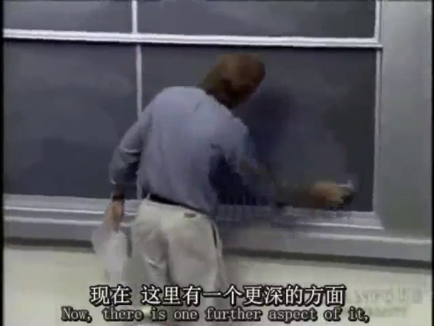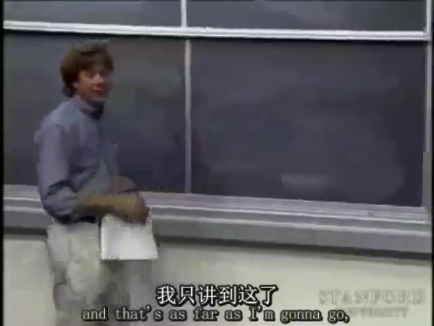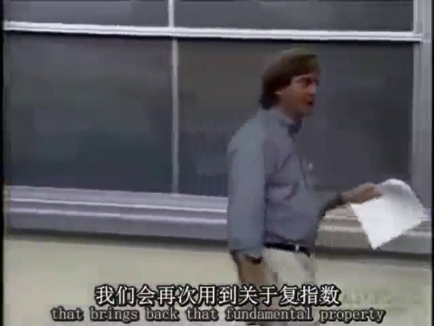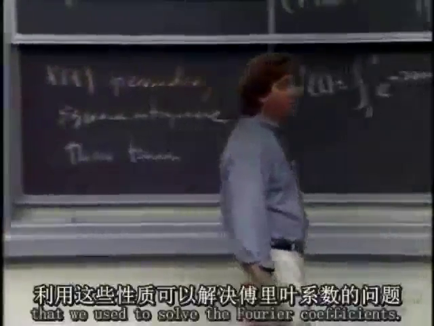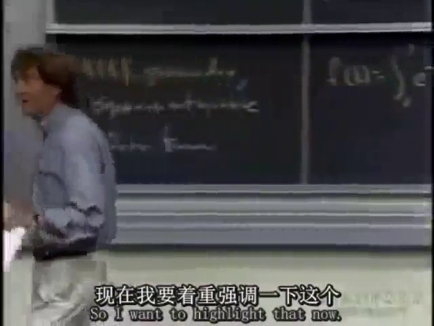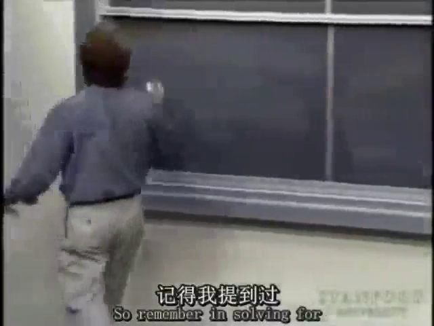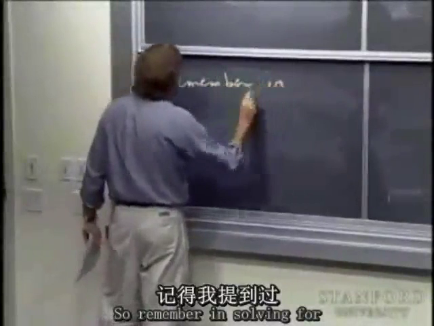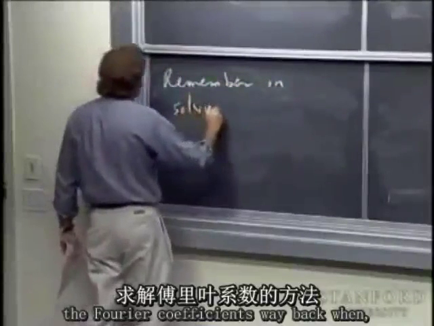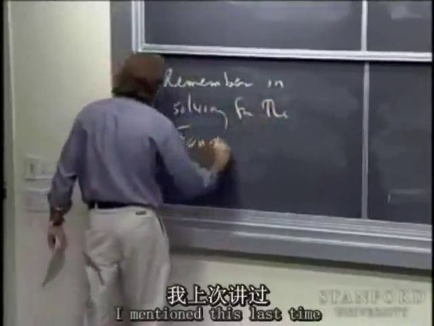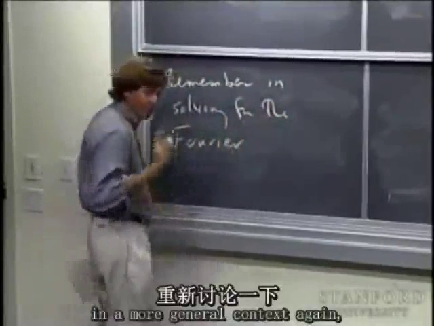Now, there is one further aspect of it, and that's as far as I'm going to go, that brings back that fundamental property of the complex exponentials that we used when we originally solved for the Fourier coefficients. So I want to highlight that now. Remember, in solving for the Fourier coefficients, way back when, I mentioned this last time, and I want to bring it back now in a more general context.